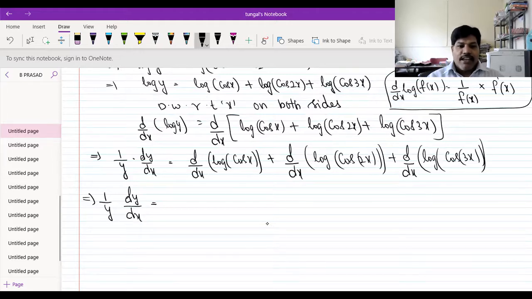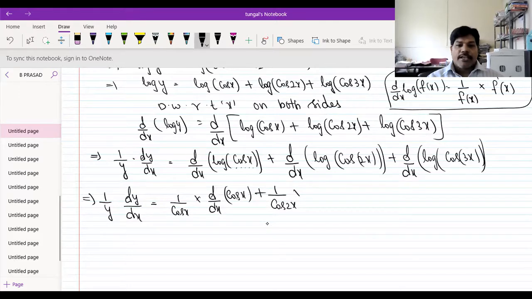the same formula once again. What is that? The derivative of log f of x is 1 by f of x into the derivative of f of x, that is the derivative of cos x, plus here also for log of cos 2x, the derivative is 1 by cos 2x into the derivative of cos 2x.